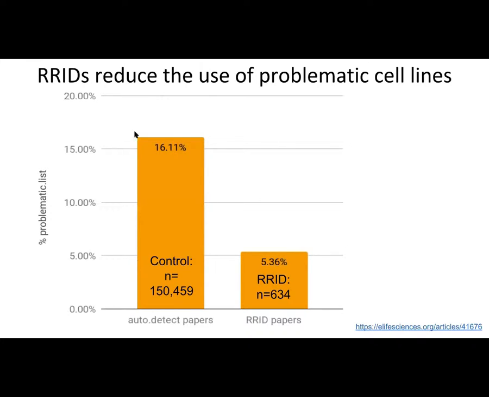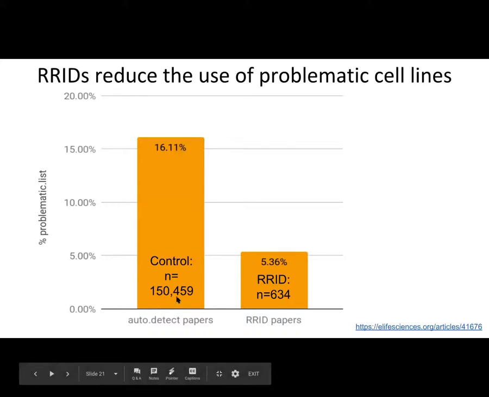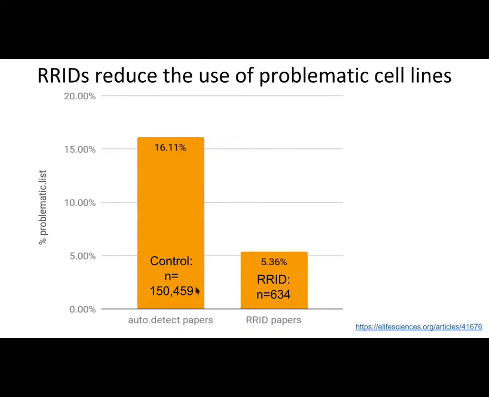But that is compared to the text mining results, which showed 16%. So 16% of papers versus 5% of papers, and presumably these authors already saw that warning and decided that the warning was not critical for their particular experiment. So the ends here are very, very large. This is 150,000 papers, and this is 634 papers, making the difference quite significant.